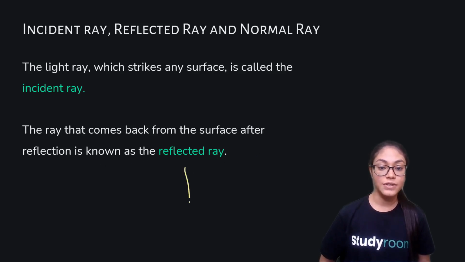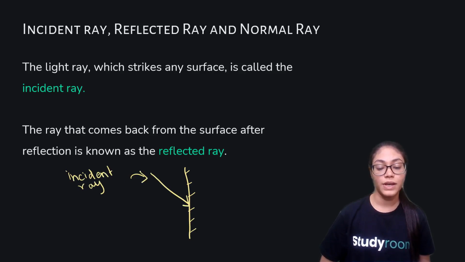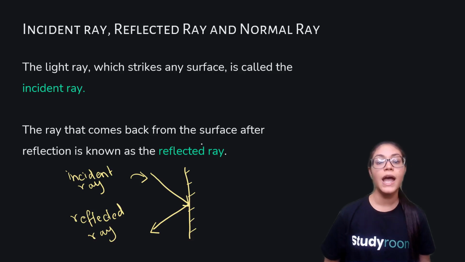As I said, if this is the mirror, then the light ray which is striking the surface is known as the incident ray, right? And the ray that is coming back from the surface after the process of reflection is known as the reflected ray. So these are very simple definitions of incident ray and reflected ray which need to be remembered.